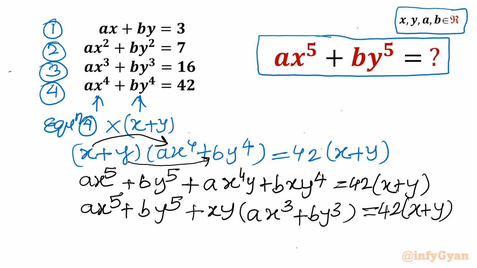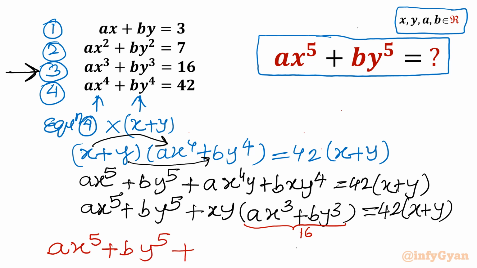Now if you see our equation number 3, ax^3 + by^3 is 16, given. So here we can write it is 16. So this equation will convert into ax^5 + by^5 + 16xy equal to 42 times x plus y.